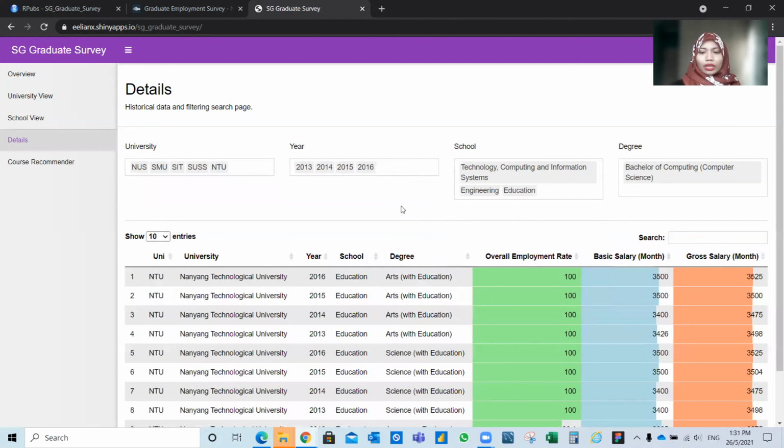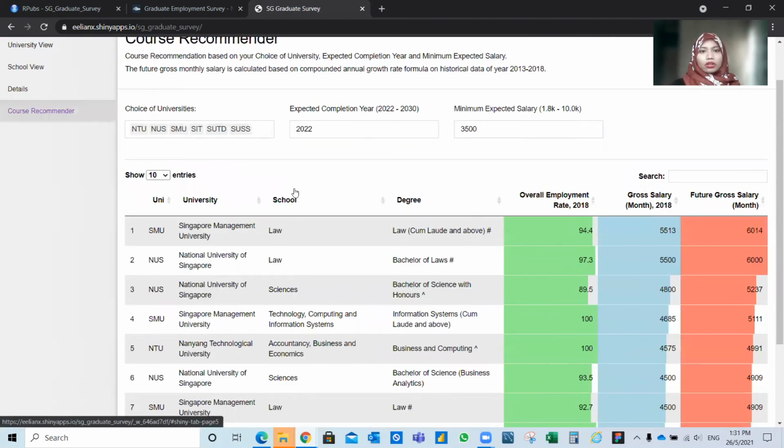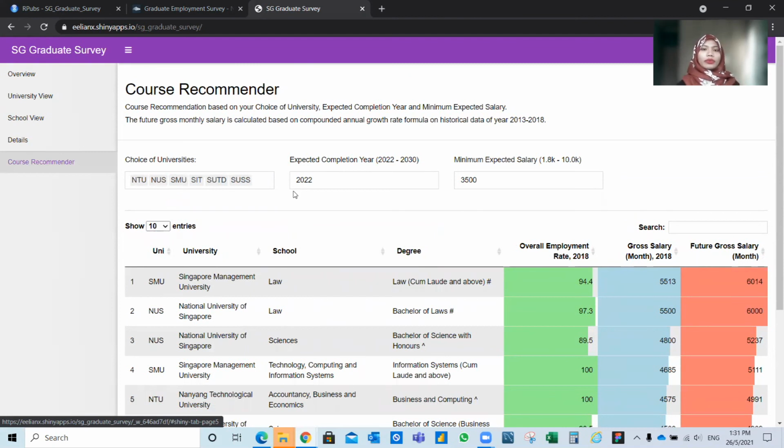And from this tab, we can see the information. And the last tab would be the course recommender. So for example, if I would like to achieve this minimum expected salary, which courses or which schools can help me to achieve the target. So these are all of the tabs that has been created.